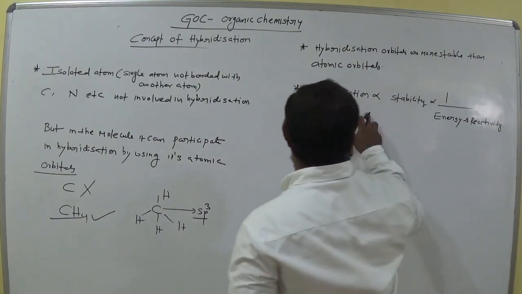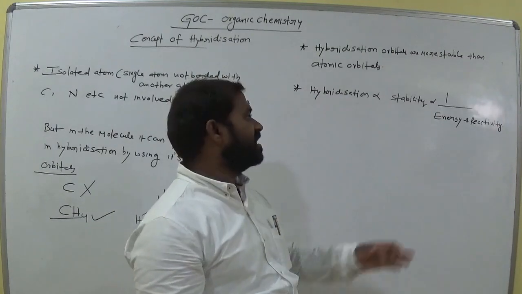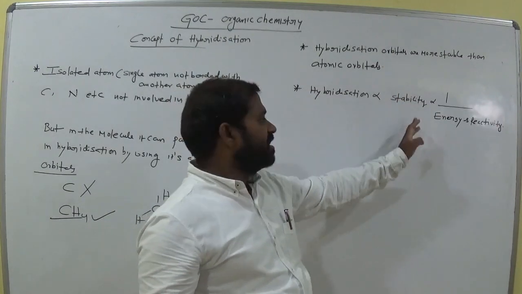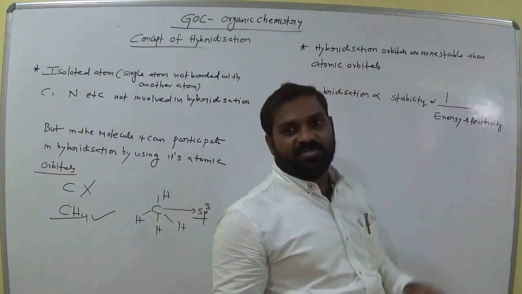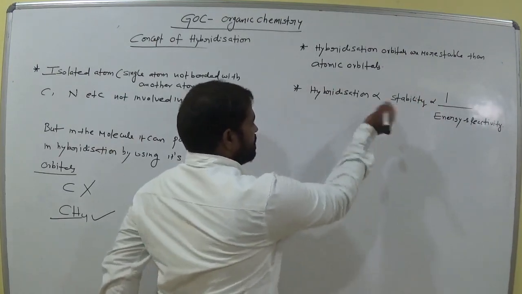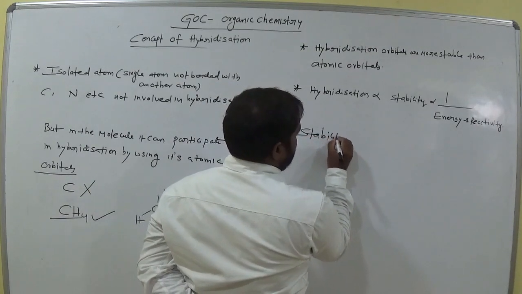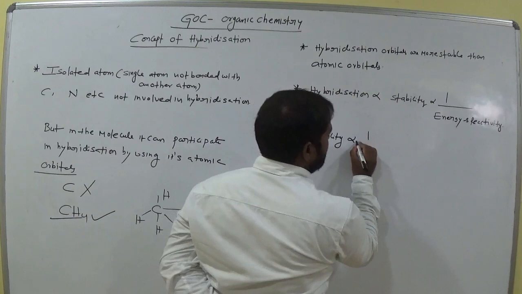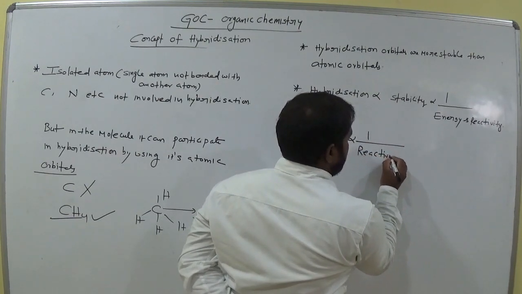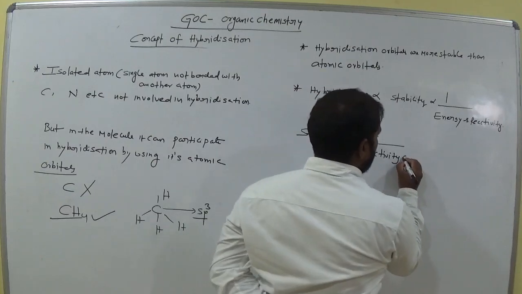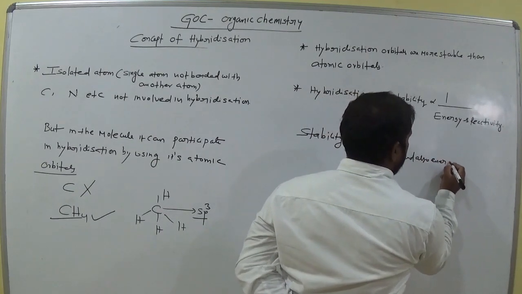Hybridization is directly proportional to stability. The more hybridization takes place, the higher the stability of the molecule. Stability means energy decreases, and reactivity of the molecule decreases. Remember this. Stability is inversely proportional to reactivity and also to the energy of the orbital.